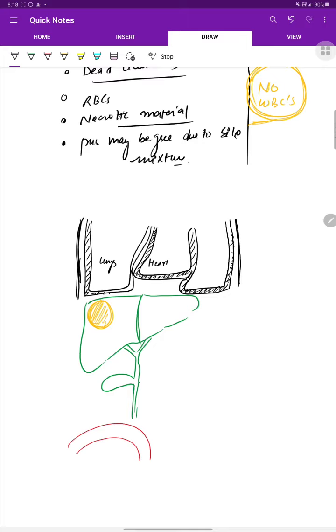So from here, where can it go? Number one, it can rupture into the lungs, leading to expectoration of chocolate colored sputum, resulting in natural regression of the abscess.